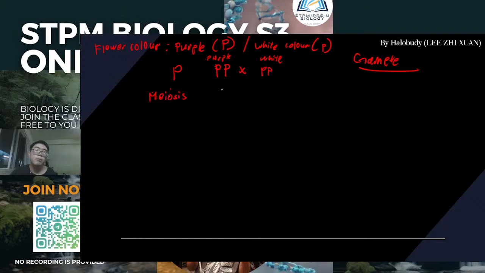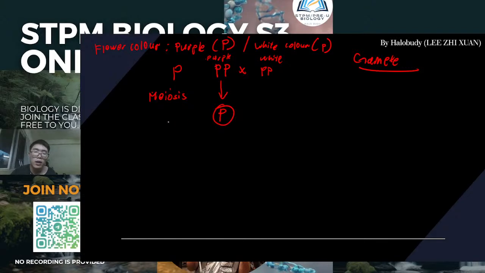When we have the meiosis process, this genotype, this purple flower organism, will produce only one type of gamete. That is the purple flower gamete, carrying only the purple flower gene.